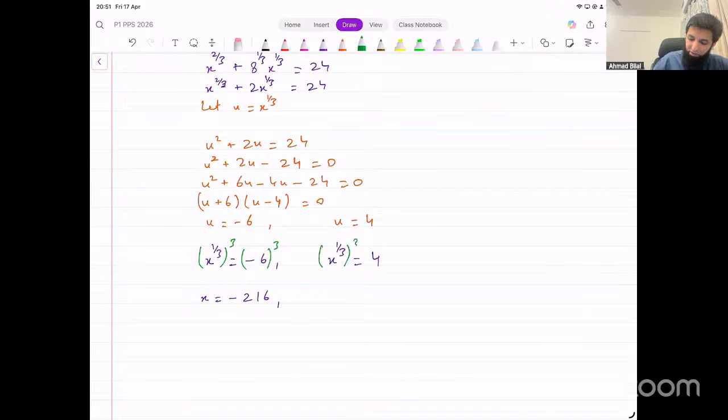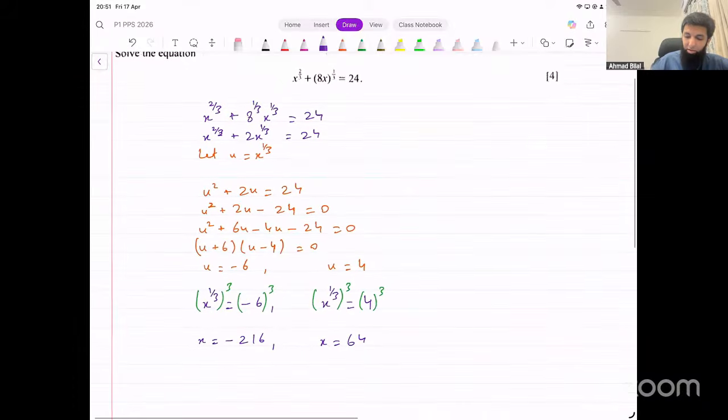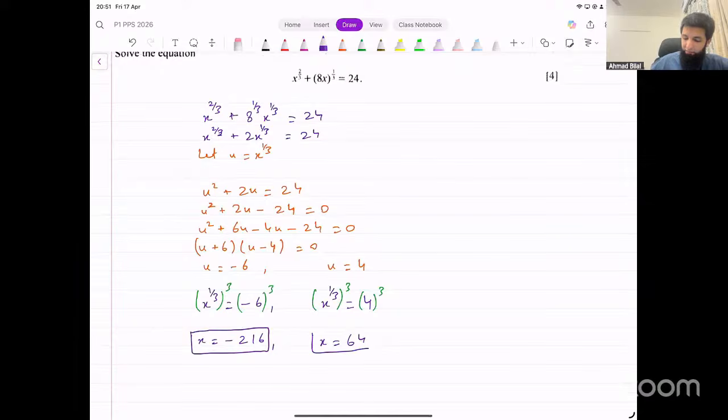For the other one, we get x equal to 64. Now, there are two answers that we're getting. Are both of them possible? Whenever you get multiple answers, you should look at the equation again and see if both of them are possible. Could there be a problem because of any of them?